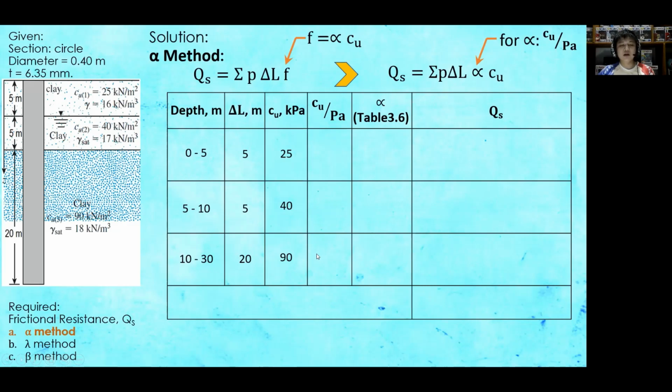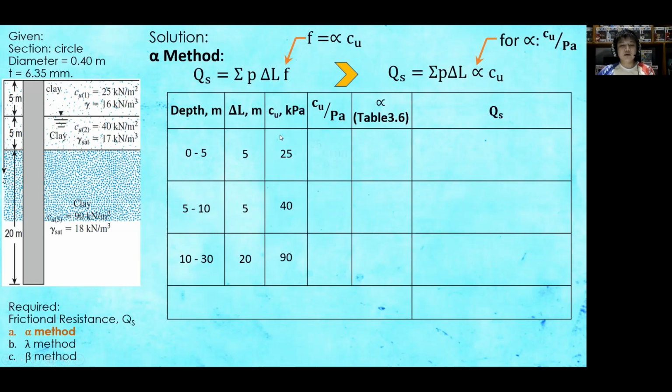So knowing C sub U, we may determine the ratio of Cu over Pa, where Pa for this problem, which is metric, is 100 kilopascals. But on the other hand, if that is in English, please consider 2000 PSF.